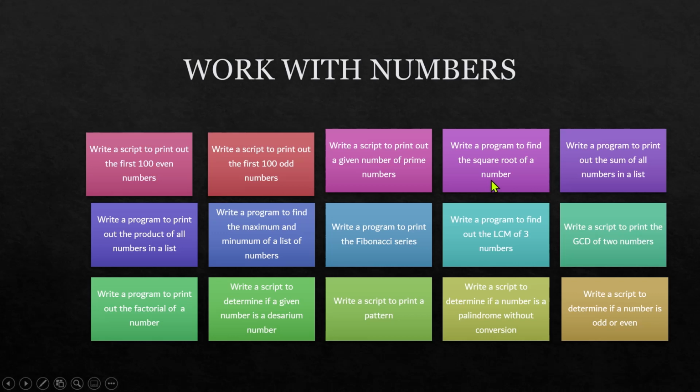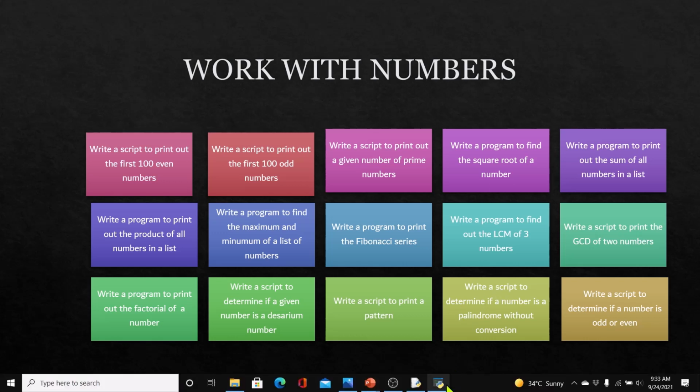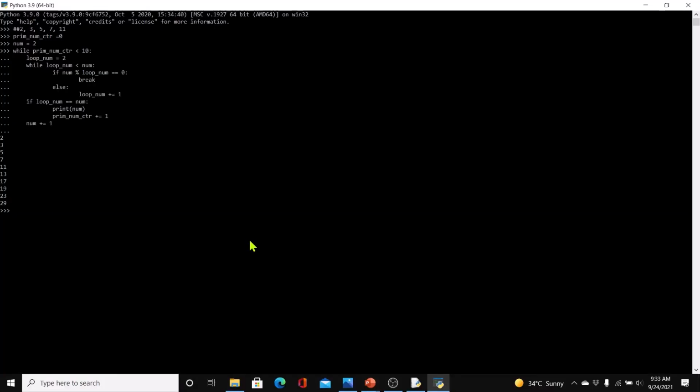Write a program to find the square root of a number. Okay, so you may have learned different methods of finding a square root, but you may also know that I can do something like this. So if I say 4 raised to 0.5, I'll get 2. If I say 5 raised to 0.5, I will get this number.